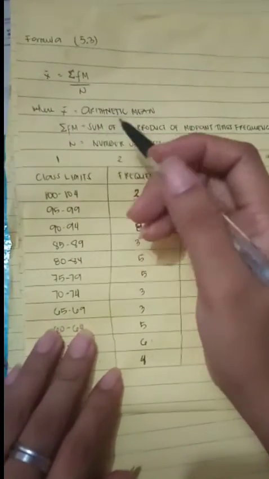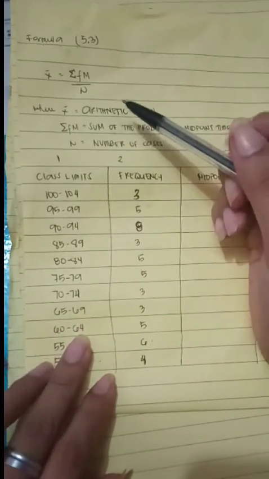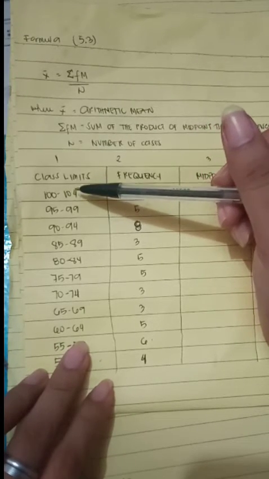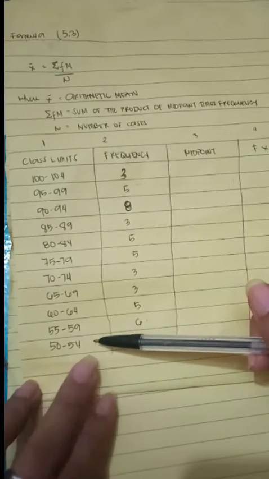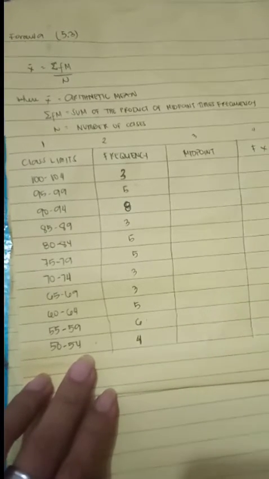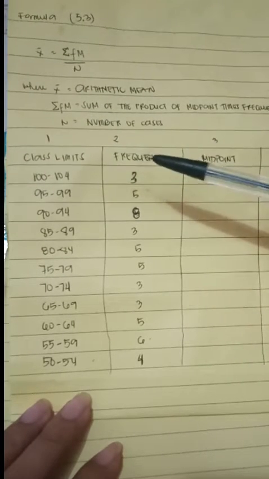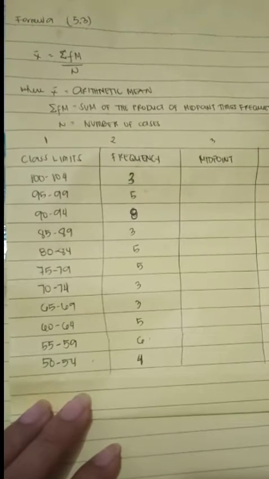We have here our class limits. Our highest interval is 100 to 104, while our lowest interval is 50 to 54. And we have the frequency. Frequency is the number of times a data value occurs.